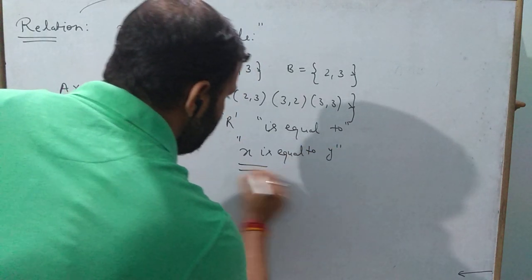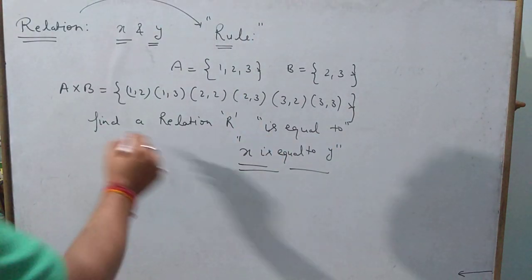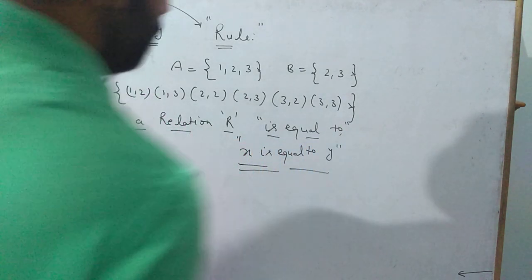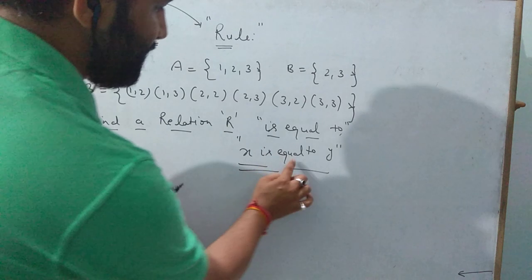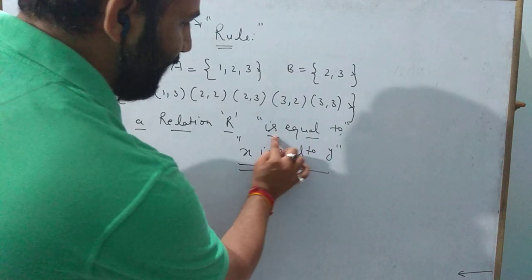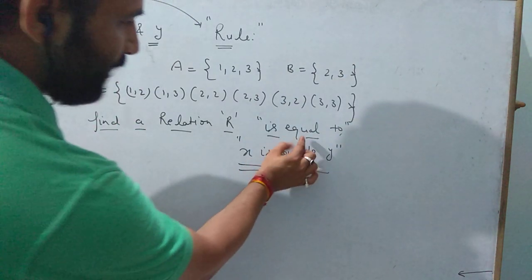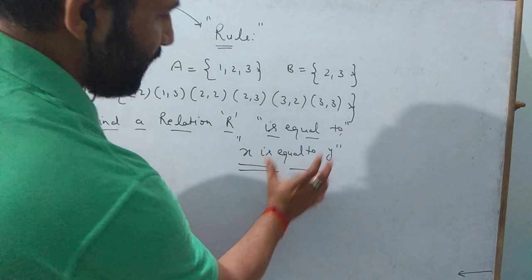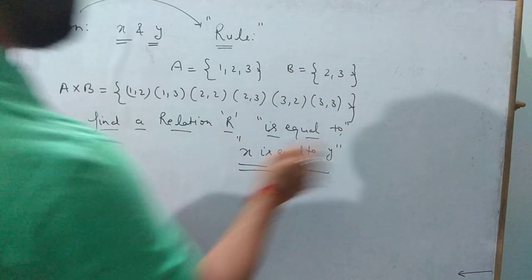This is exactly the meaning of this statement. The question is saying find a relation R is equal to, so is equal to means x is equal to y. You can write before is x and after is y. So this statement is completed here: x is equal to y.